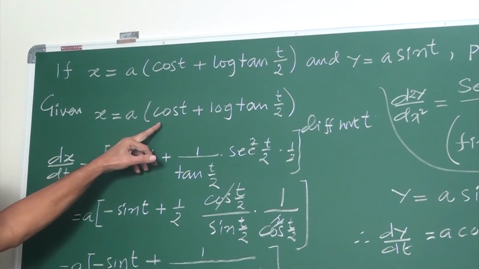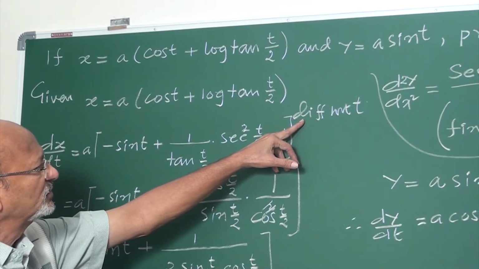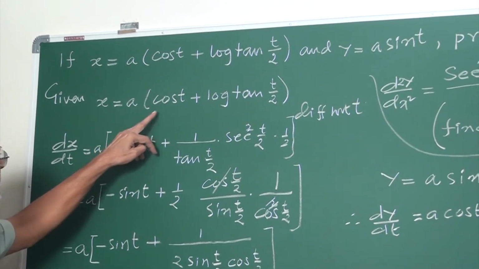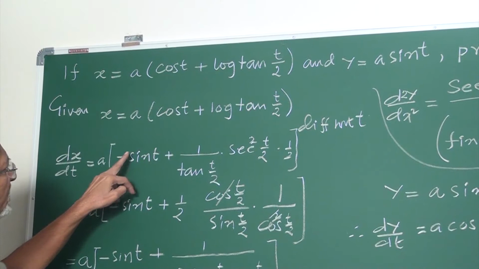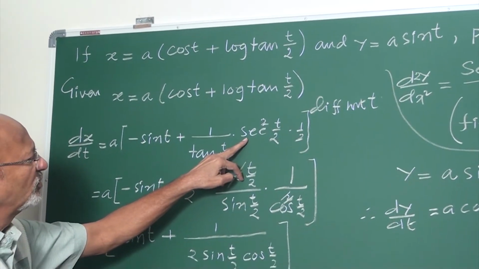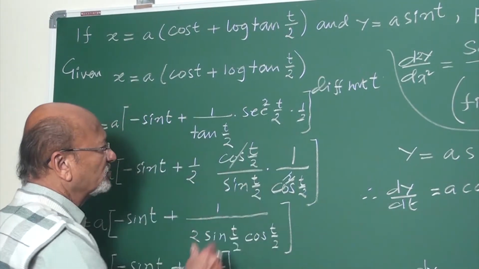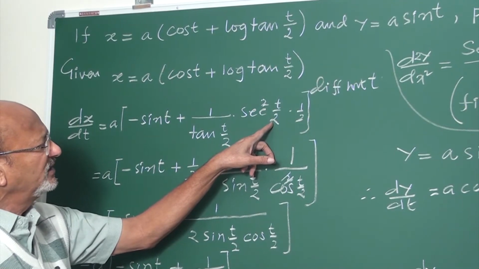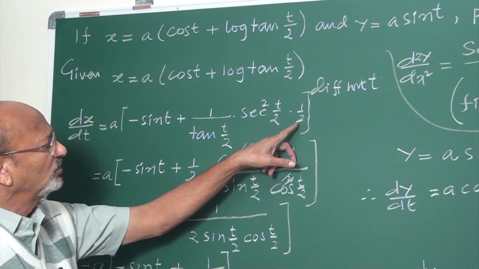Given x equal to this, differentiate with respect to t: a into the constant coefficient, the derivative of cos, which has a negative sign, is minus sin t, plus the log f derivative, 1 by f into the derivative of tan, sec square t by 2. What is your observation, my friends? Since it is not t, we have to write its derivative. What is the derivative of t by 2?